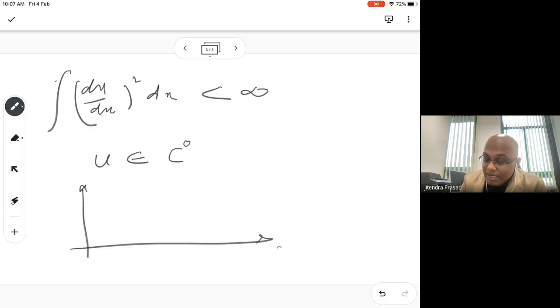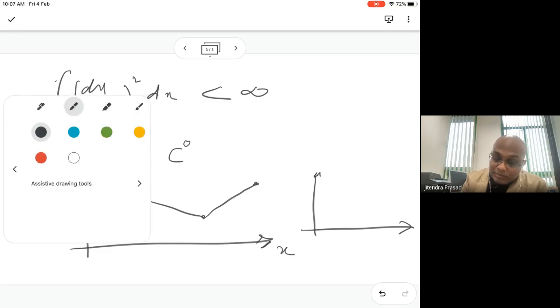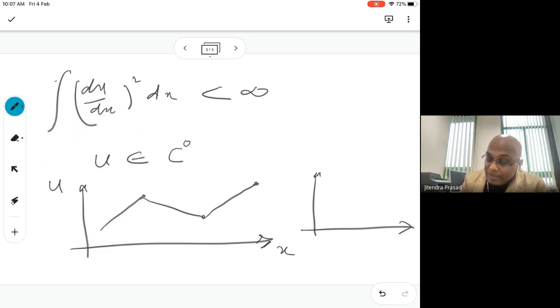Take x, and we have u, and if it varies like this, then du over dx will vary. It will be something like here, here, and here, for example.